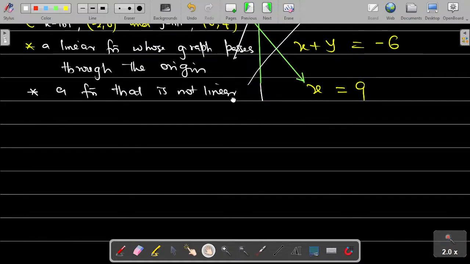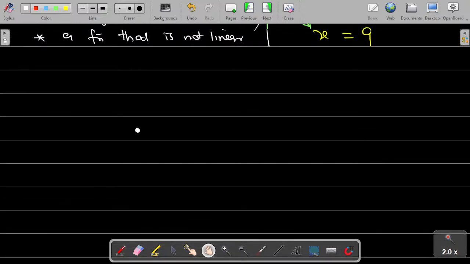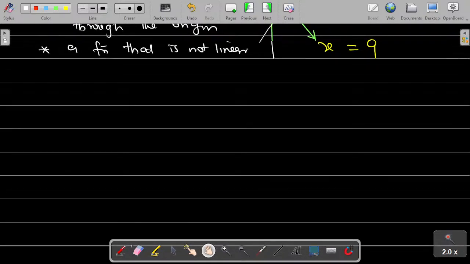All right, so to number 58. The question says evaluate each of the following expressions. Let me just write it this way: evaluate the following.